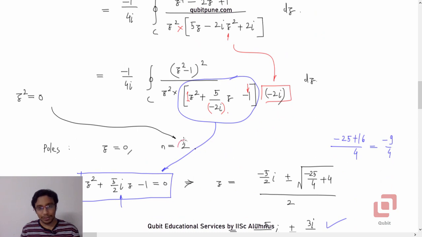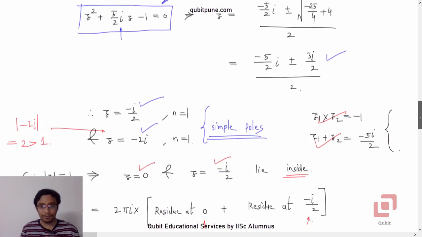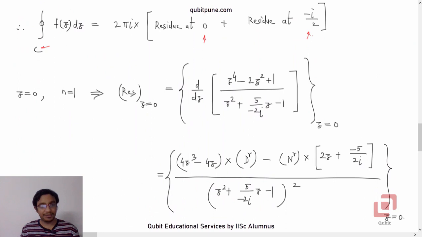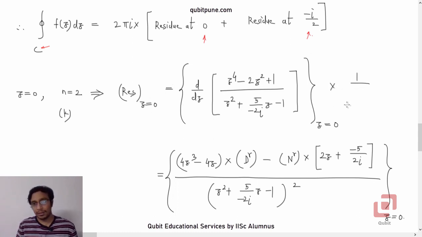Now this is a pole of order 2, so we are required to find the first derivative. n is 2, or k is 2. So the residue at this particular pole will be 1 upon k minus 1 factorial, which is 2 minus 1, which is 1 factorial, which is 1, so no need to consider that.